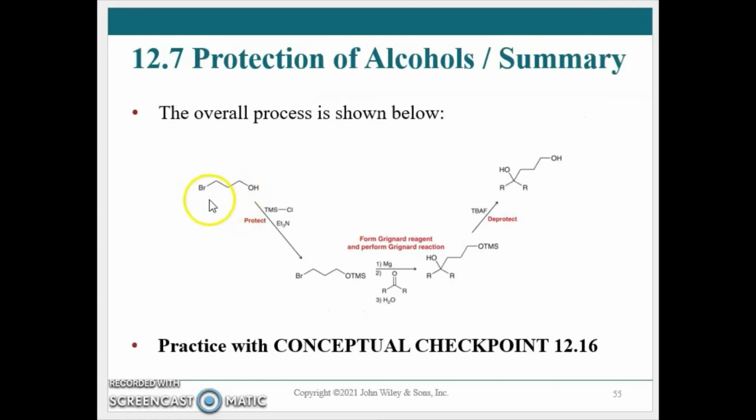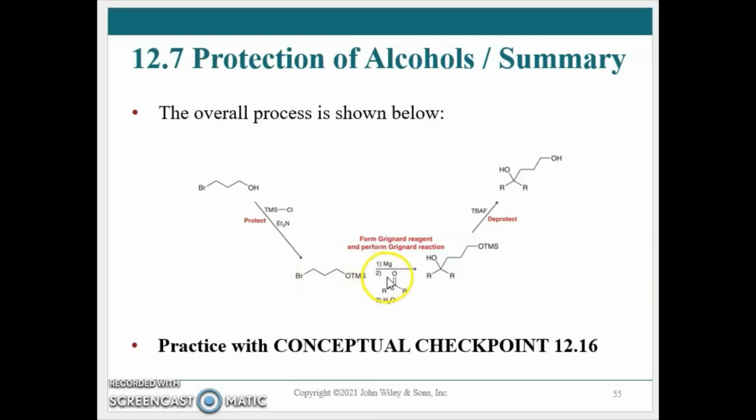So connecting these last couple of slides into one scheme, we have our compound that we want to make a Grignard reagent from, but it contains an alcohol. So we're going to protect the alcohol with trimethylsilyl chloride with some triethylamine to scavenge the HCl that's generated. And we're going to generate the carbon chain that we're going to then react with magnesium to form the alkyl organomagnesium halide.